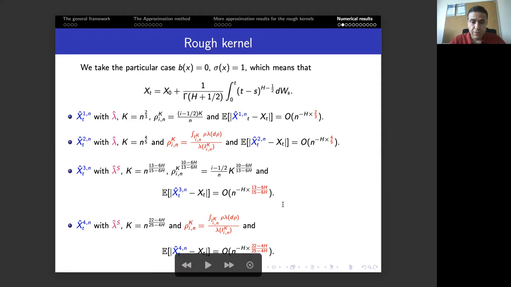And the fourth and last scheme is the Simpson rule, but with the tricky weights for the first Riemann approximation. If you remember from the previous result, we recover a better rate for the strong error convergence in this case.